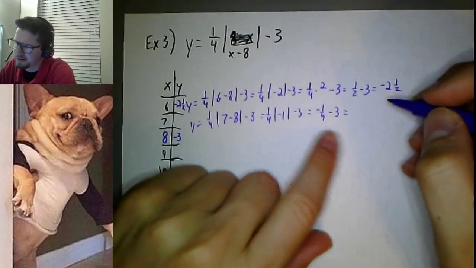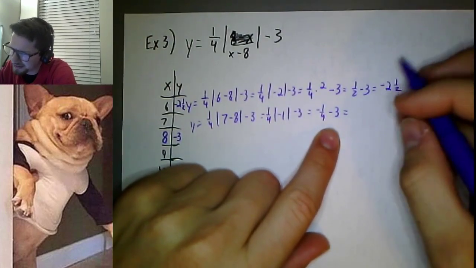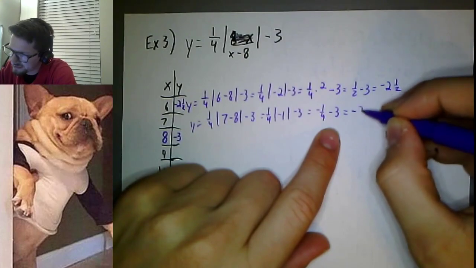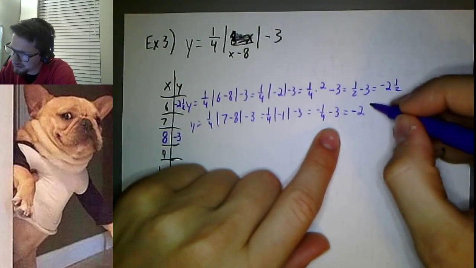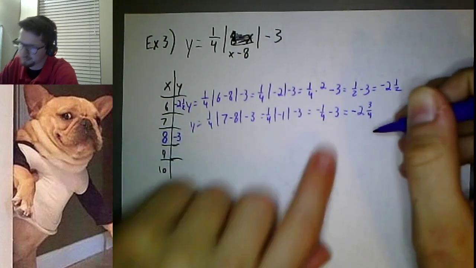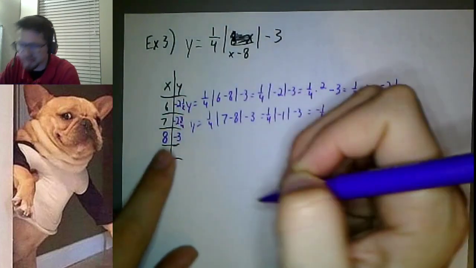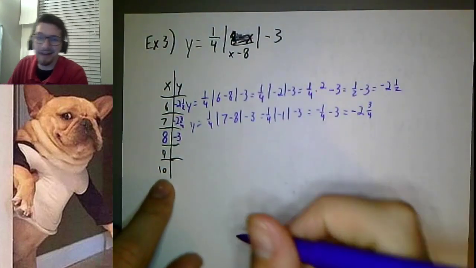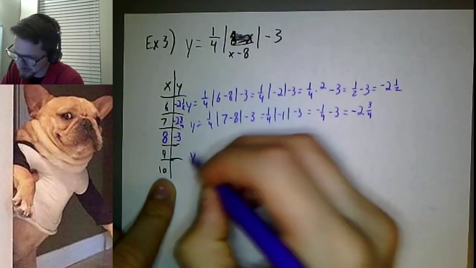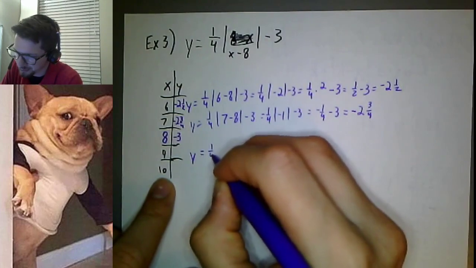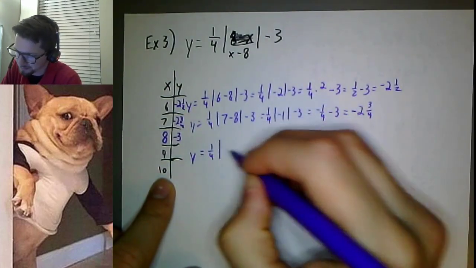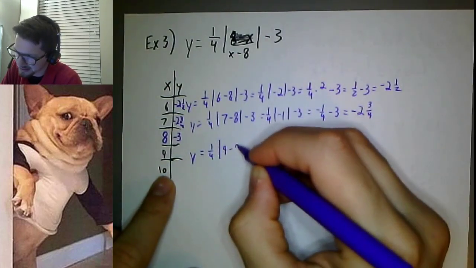Negative 1/4 minus 3 would give me negative 2 and 3/4. Well, these are just terrible numbers, aren't they? I do it so you don't have to. Let's do the other way. Y equals 1/4 times 9 minus 8.